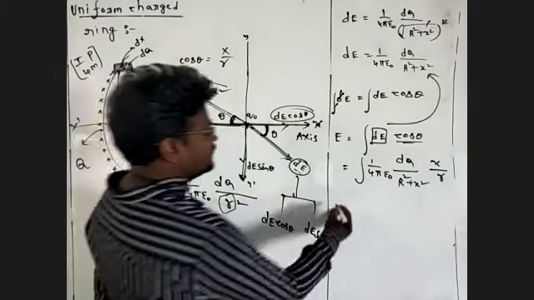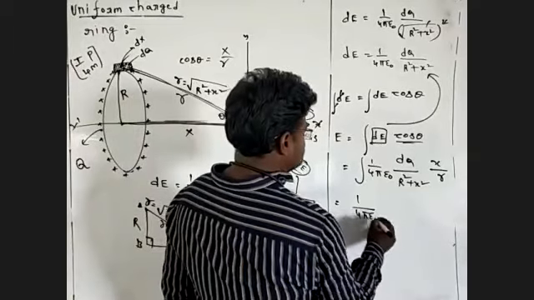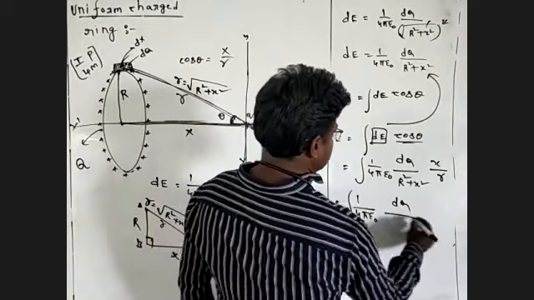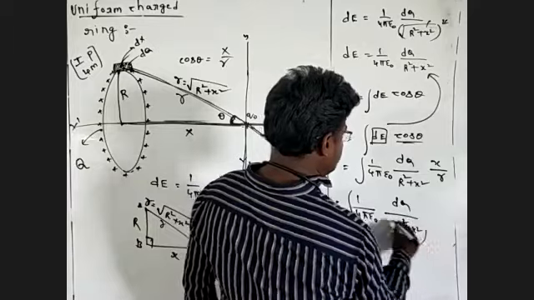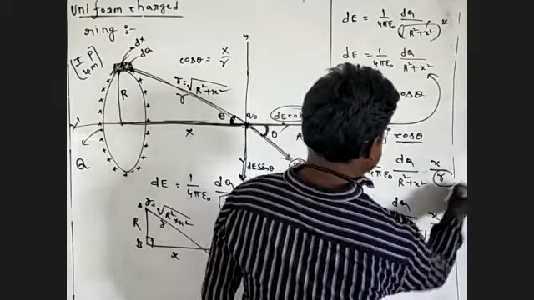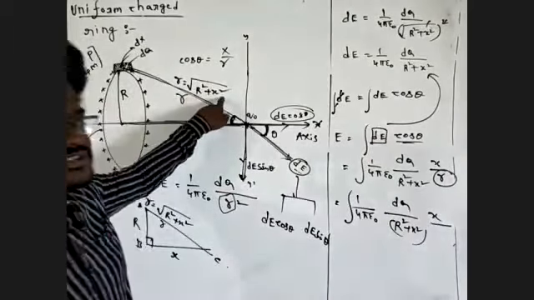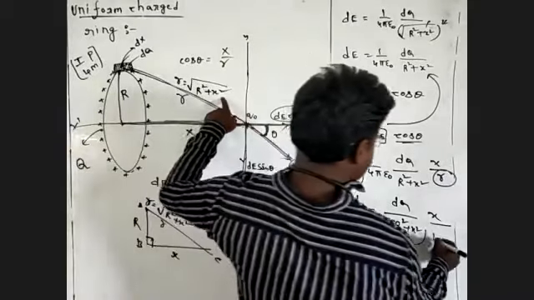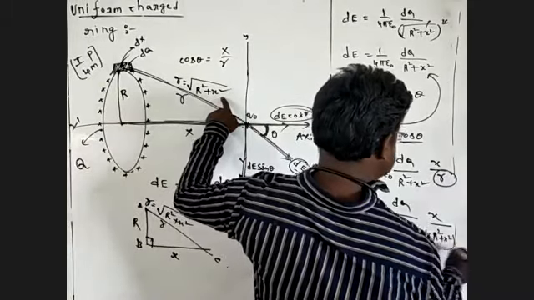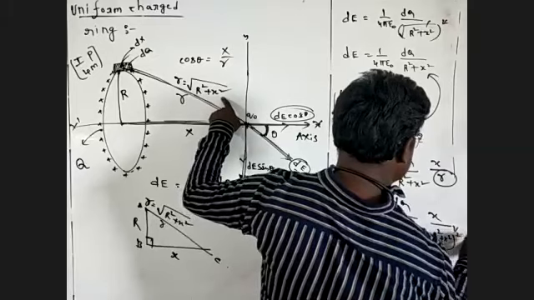Now I'm writing this as 1 by 4 pi epsilon naught integration dq by r square plus x square, times x by root of r square plus x square. Root means power 1 by 2.